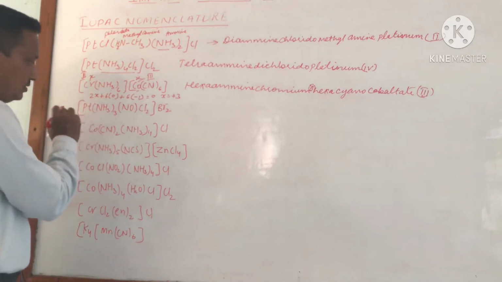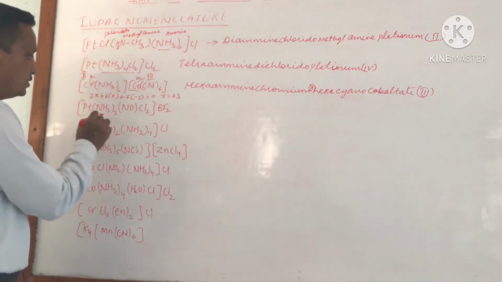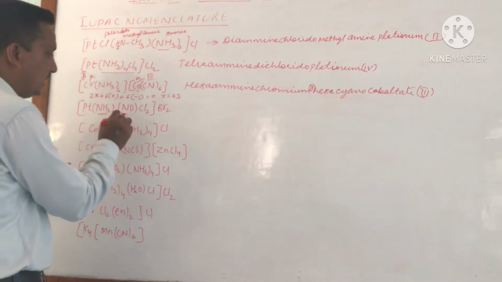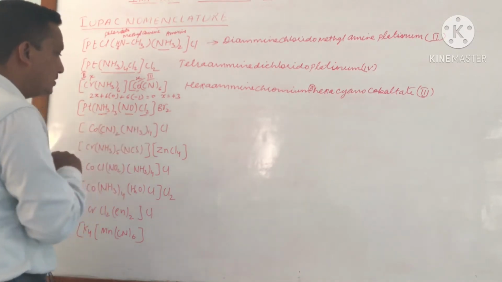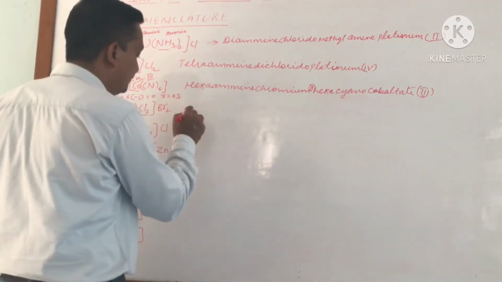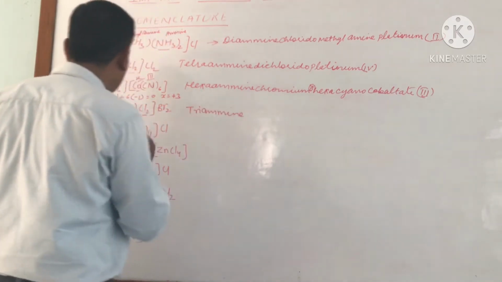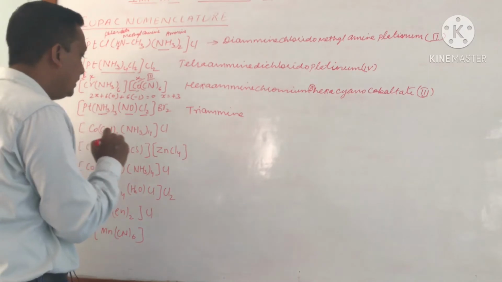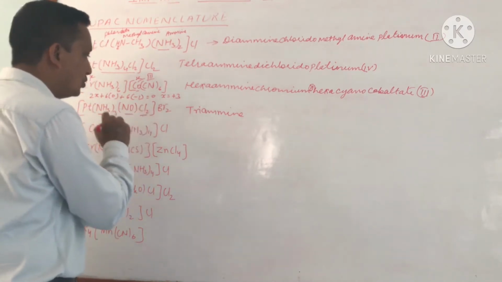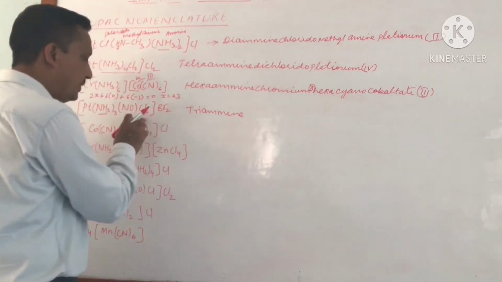Okay, so next we are taking this compound. Here NH3 molecules are there, NO molecule is there, and Cl is there. So triamine, then NO is called nitrosyl and Cl is chloro. So chloro would be preferred alphabetically.